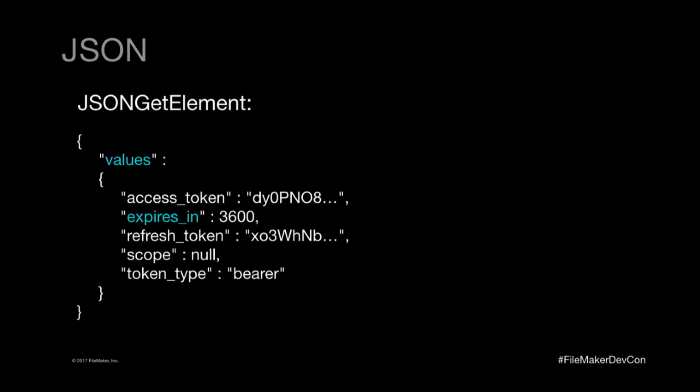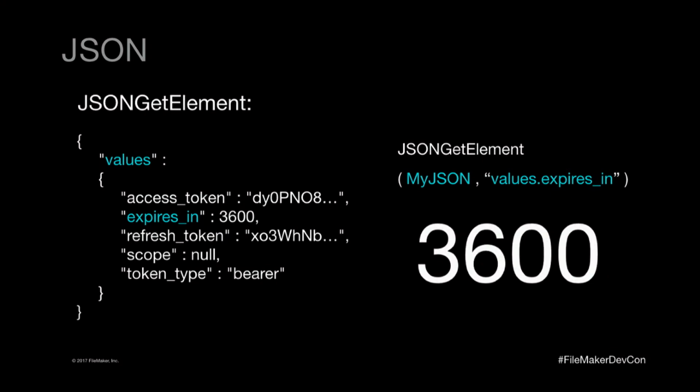And then we have expires in. So we have a path to get to this value, which is 3,600. In FileMaker 16, we use myJSON, which is the whole JSON object, and then we use this path, values.expires_in. It means I type the first key and then a dot, and then the second key, and so on until I get to the object I want to grab from this JSON element.